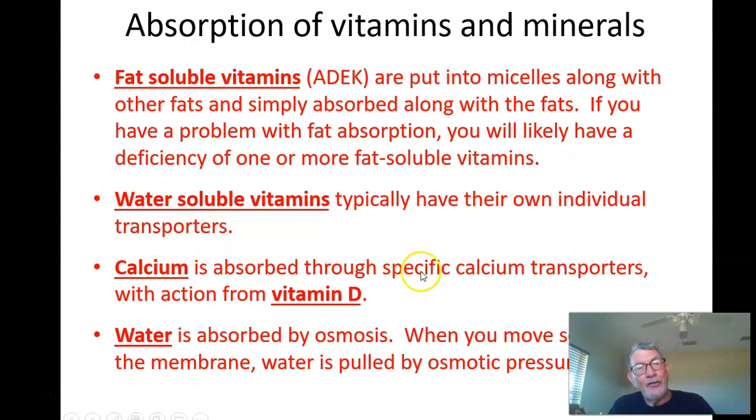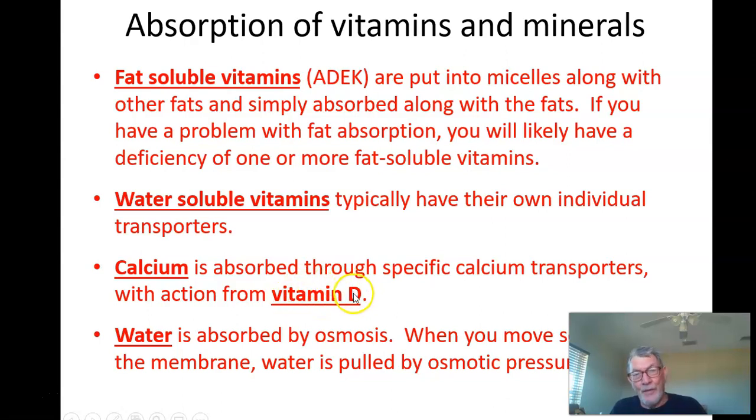Calcium has specific calcium transporters that have to be activated by vitamin D. So this is why, if you're low on vitamin D, you become calcium deficient, because you can't absorb calcium. Vitamin D is made in your skin from the sun. It's activated by the kidneys.